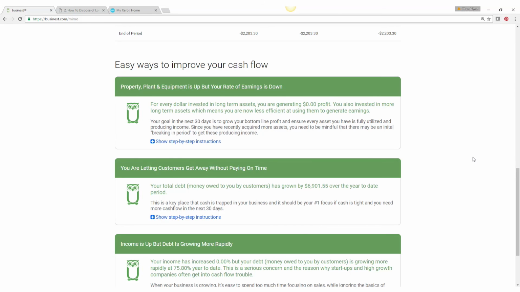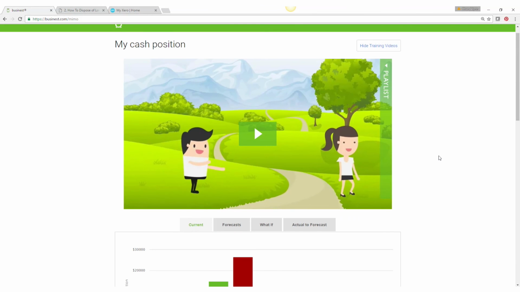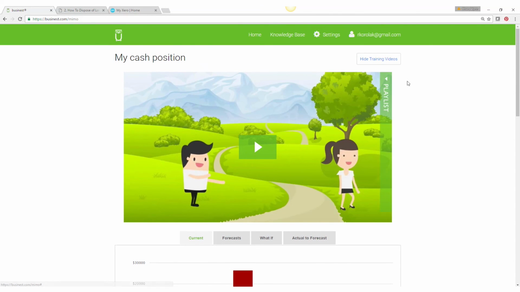You will be given the same tips every month if you don't take the actions and do the steps that are recommended to you. So all of the steps that you will get are based on your numbers, and hopefully each new month you will grow and change, and you will have different problems and different challenges that you'll be addressing. But when you do come back to your dashboard, please make sure that you have synced your data.